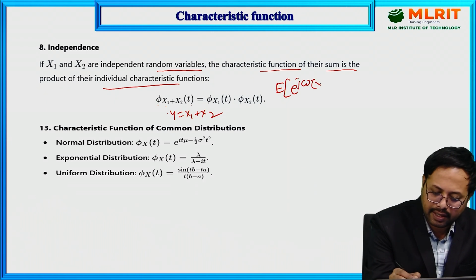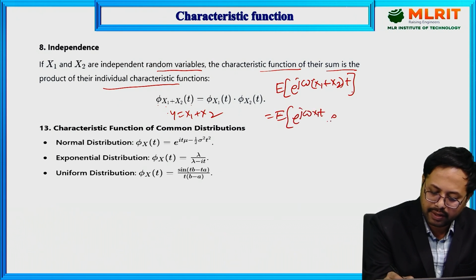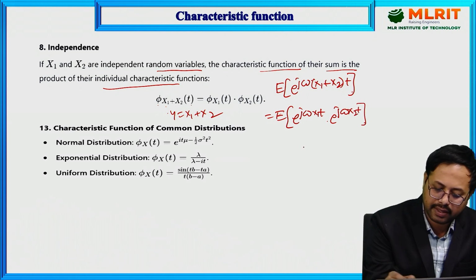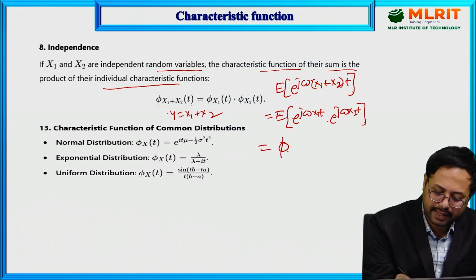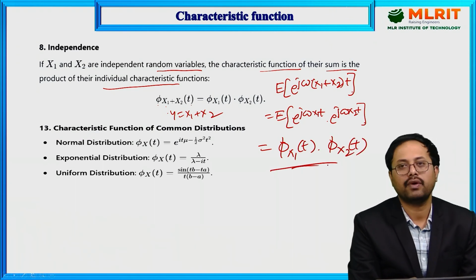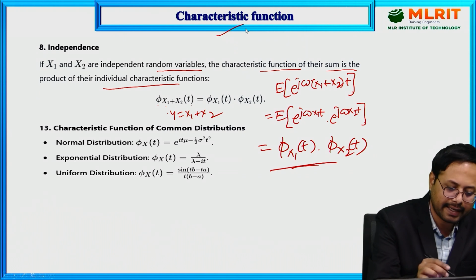You split this into expectation of e power j omega x1 into e power j omega x2. Splitting again, you get phi x1 of t into phi x2 of t. This is one of the properties of the characteristic function.